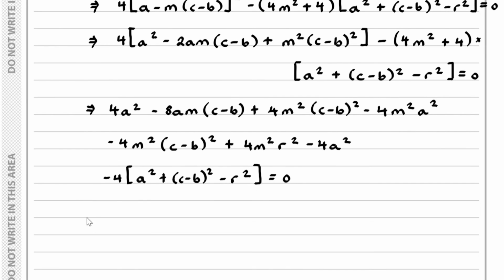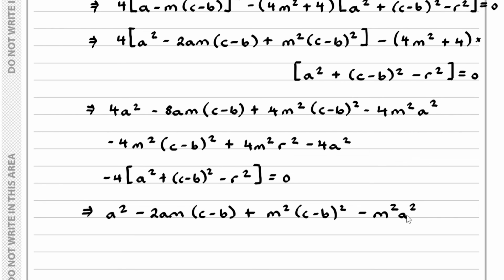And if we do that, we have a squared minus 2am times by c minus b plus m squared times by c minus b squared minus m squared times by a squared, and then we have the minus m squared times by c minus b squared.